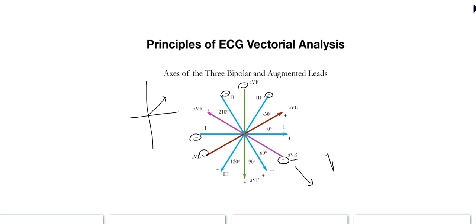How do you know how much is going in the x-axis versus the y-axis? What do you do? Yeah, but how would you actually draw the arrows that are part of that vector, the components of that vector? Yeah, but how do you know how far? How long, right? Because the length of a vector is magnitude.